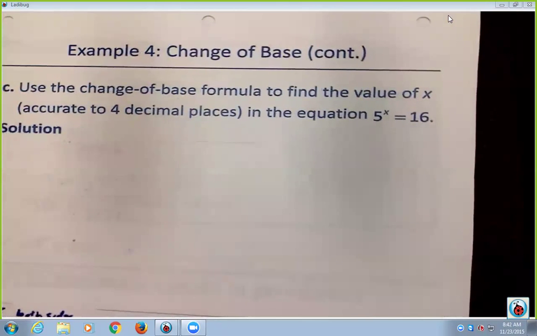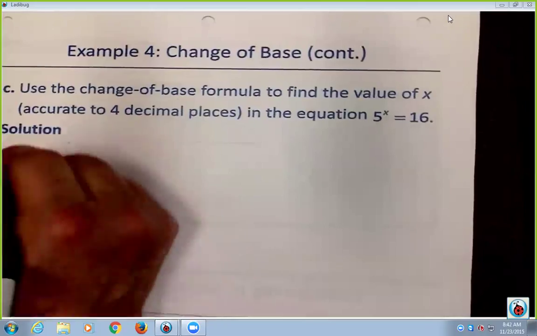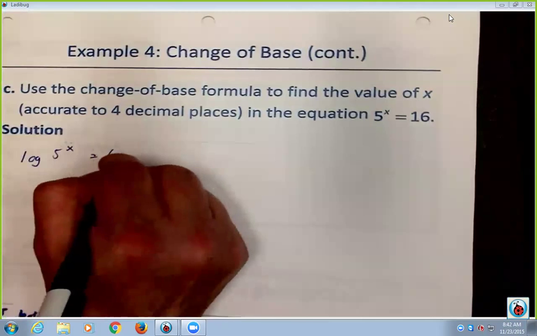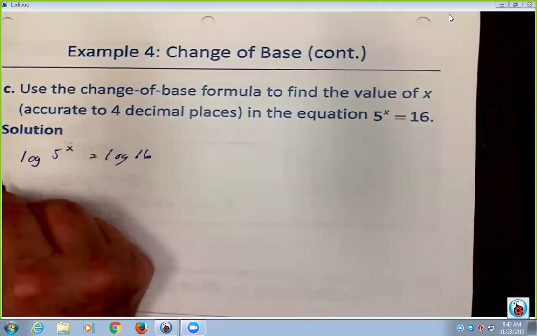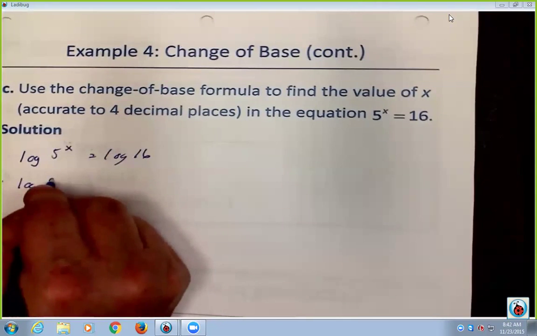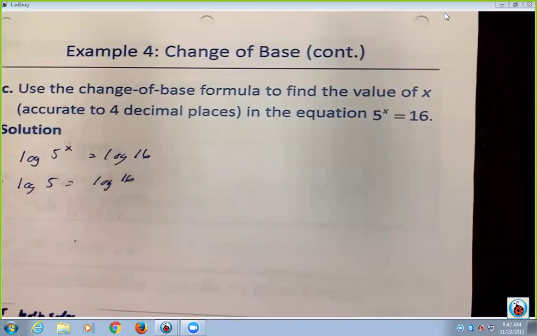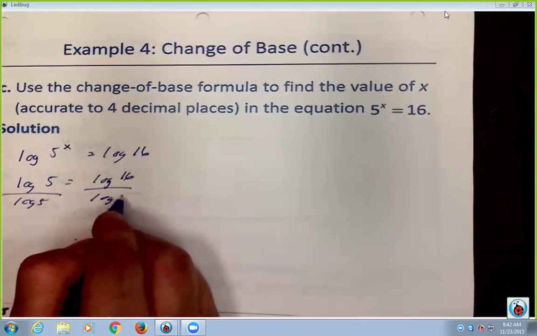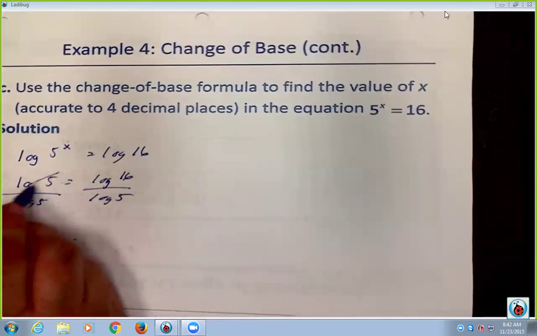If we've got x, this value, and all we've got is 5 to the x equals 16, it's again going back to putting a log in front of each piece, bringing my x down in front, and then just going through and working out what we could possibly have with it for a solution. So what does that come out to be if we finish it up? So we're going to divide by log 5. And so these cancel.